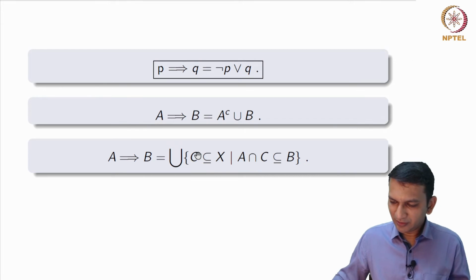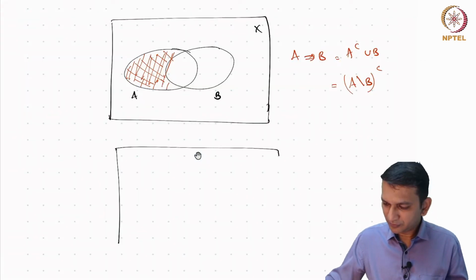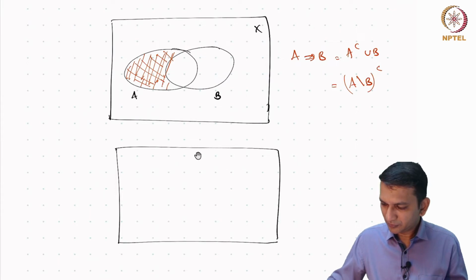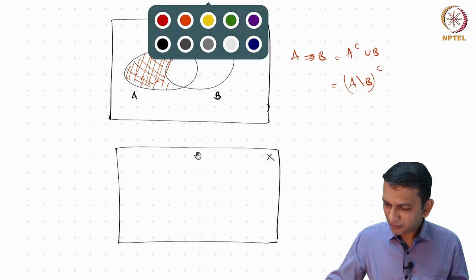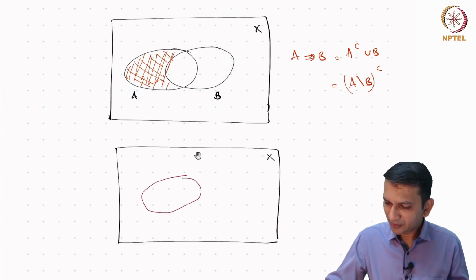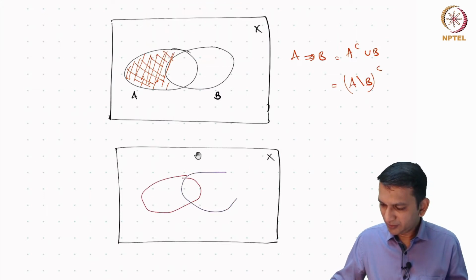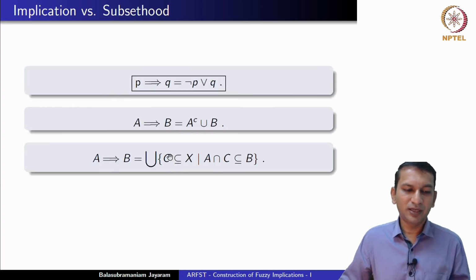Let's look at it. Once again, this is X. This is A. This is B. It tells us take a C, which is a subset of X, and look at A intersection C. Is it contained in B?